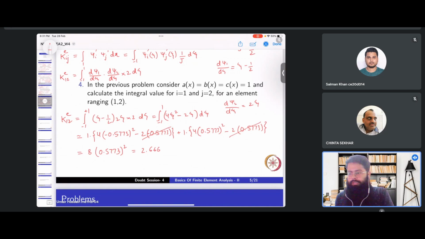If anyone is getting any other value, please let me know, I'll check. You can even try to calculate this integration value using 3 quadrature points.